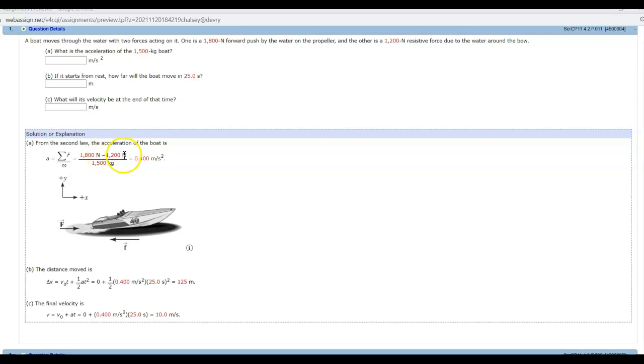So we have a sum of forces at 600 newtons.